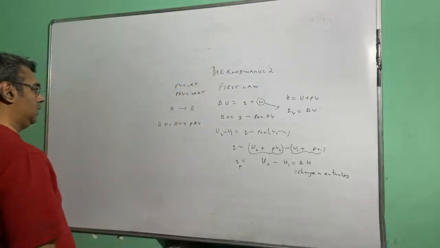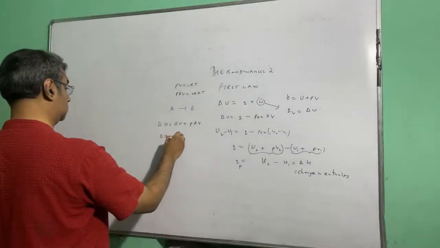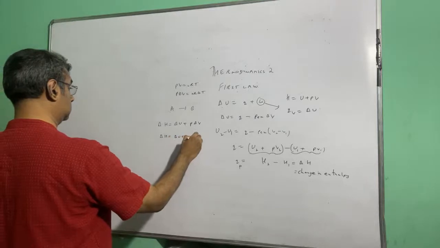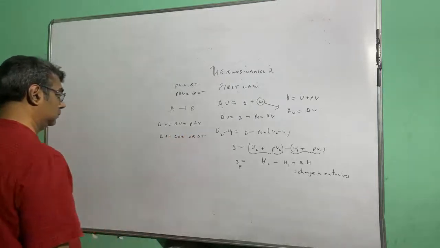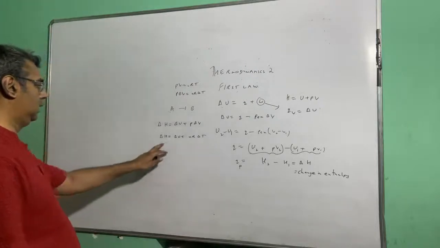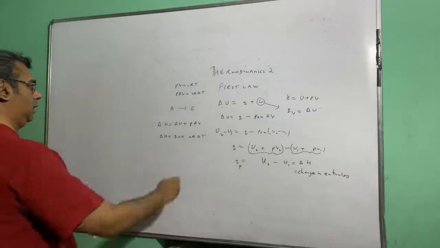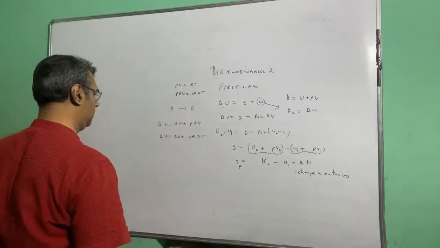So P delta V is nR delta T. So delta H is delta U plus nR into delta T. Just replace P delta V and write nR into delta T.